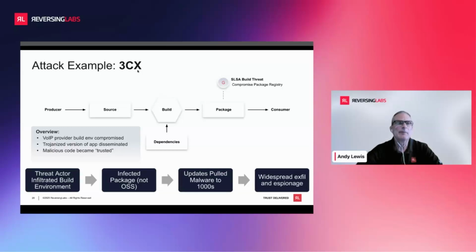In the case of 3CX, we believe it was the North Koreans, and the one and only red flag was this: a lot of people don't know about it, but there's a Windows vulnerability that will trust partially signed packages.